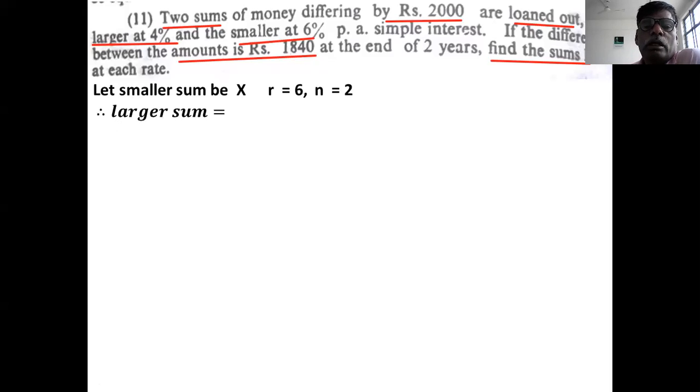Smaller sum is x. What is the larger sum? Anyone tell me if you are able to answer. The difference must be 2000.